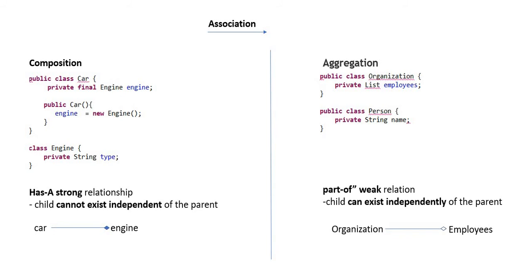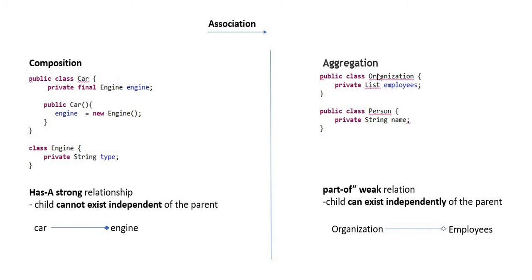Aggregation is where it has a part of another object, right? There is no strong relationship between the two objects, but this class contains a few parts of other classes. For example, an organization can have a number of employees. Without these employees, there can be other employees for the organization.